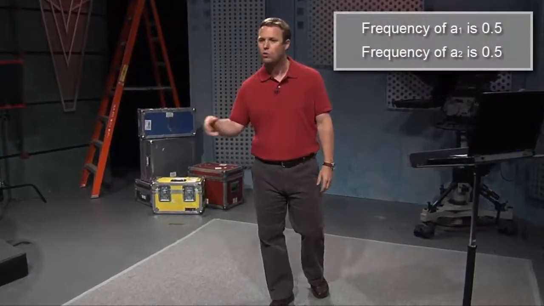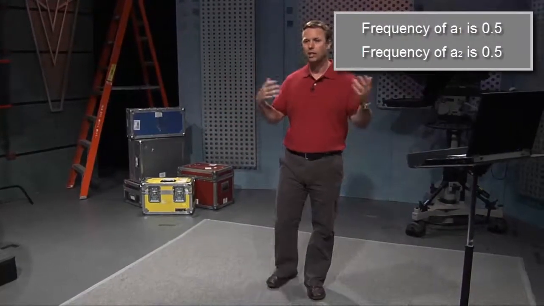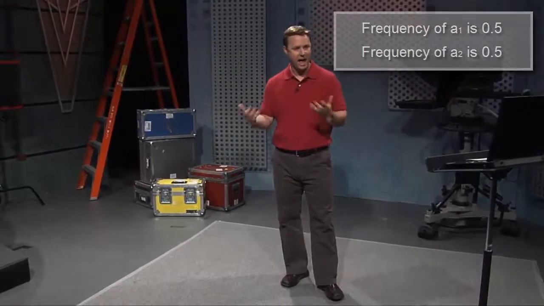Let's say there's a particular gene located at a locus, and there are 2 forms of that gene, the A1 and A2 form, P and Q. Let's say that P and Q are equal, so the frequency of A1 is 0.5 and the frequency of A2 is 0.5. Each allele occurs in half of the population.